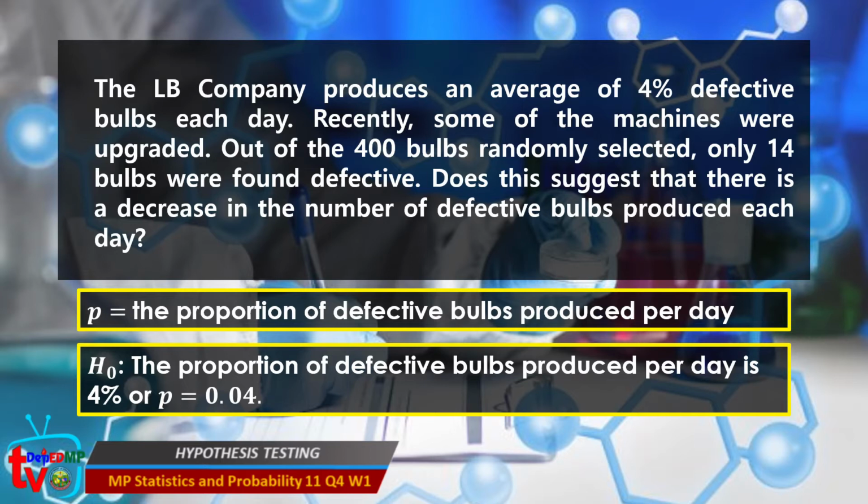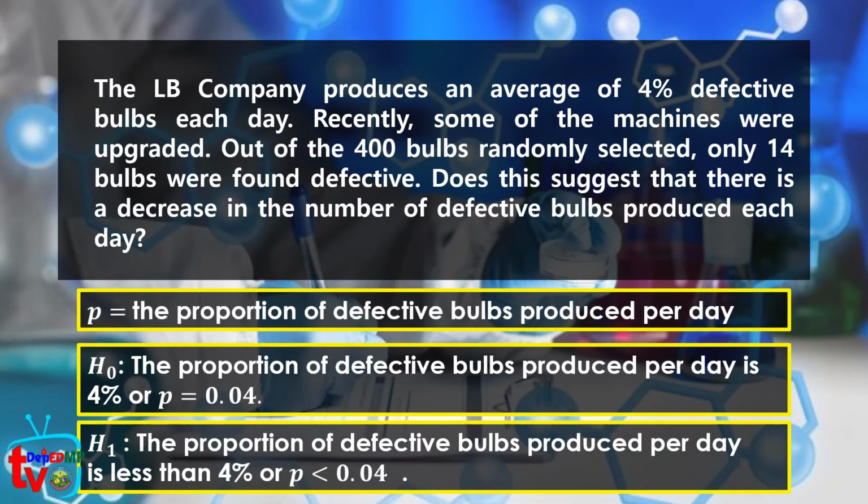After the machines were upgraded, the company claims that there is a decrease in the number of defective bulbs produced per day. Therefore, the alternative hypothesis is the proportion of defective bulbs produced per day is less than 4%, or P is less than 0.04, or P is less than 4%.